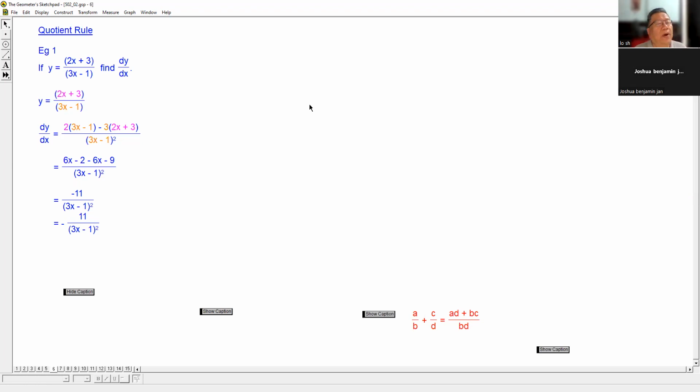Okay, so I will tell you there are 2 sub functions. One at the top, which is pink color. Normally we call this the numerator. Then one function at the bottom there, which is called the denominator. And I color it this time, I think orange color.